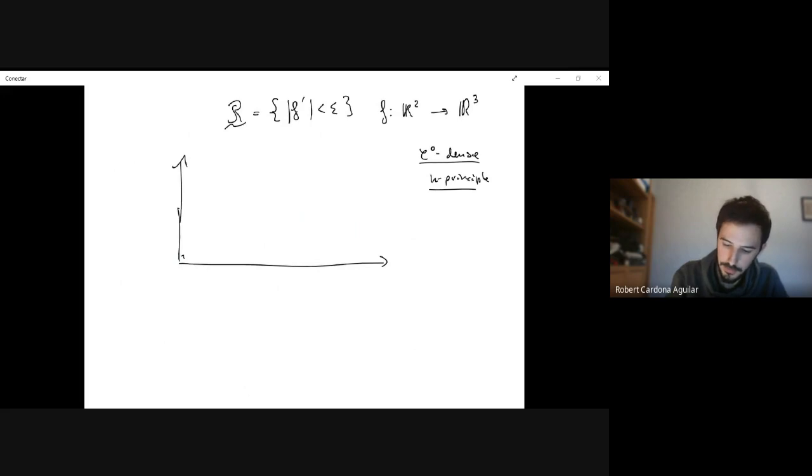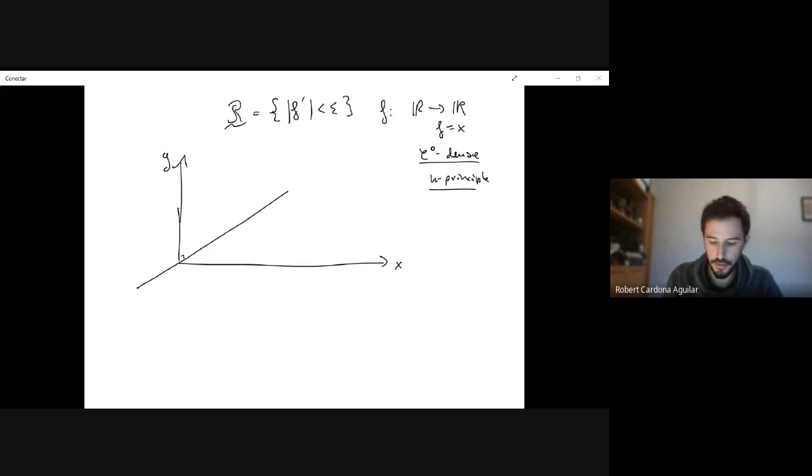Let's say the map is from R to R, and I take f equal x. This wants the derivative to be small, but the derivative of this solution is big. This is not globally true, but in a neighborhood of a point, I can do a C0 small deformation so that I have a solution.